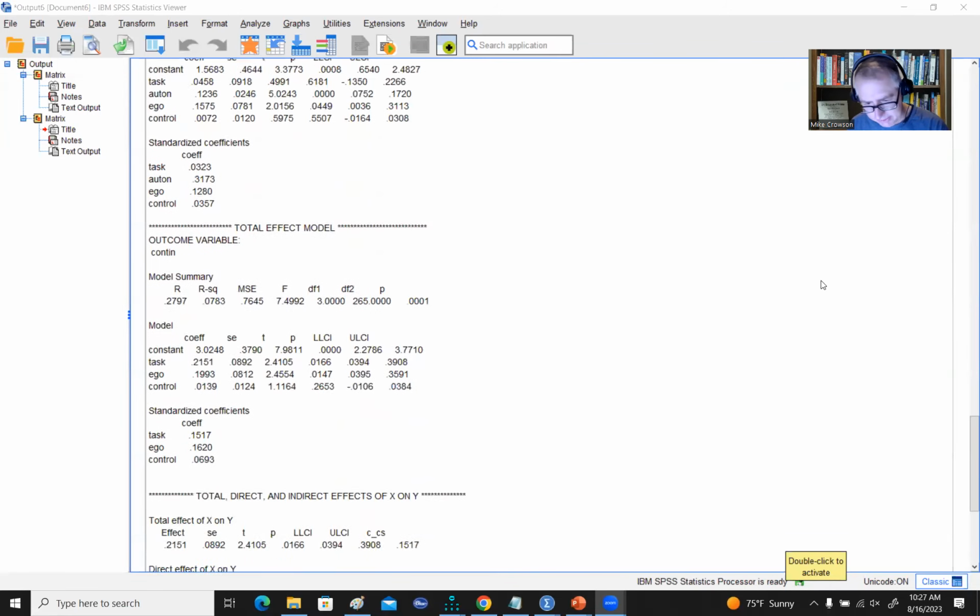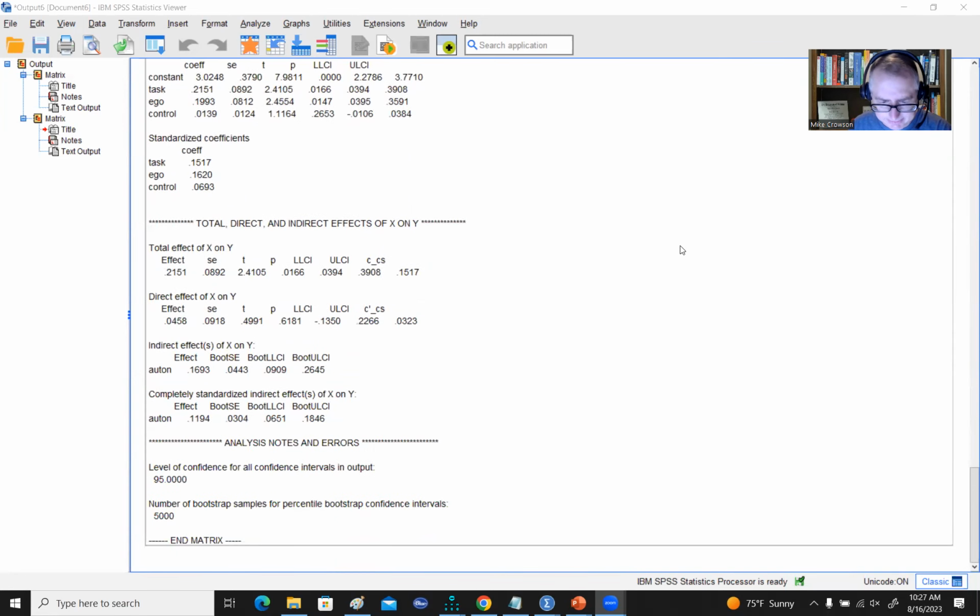So now we'll scroll down and we'll look at the indirect effect of task orientation on intention to continue while controlling for those two covariates within our model. So there's the indirect effect right there, the unstandardized indirect effect. And there's our bootstrap confidence interval ranging from 0.0909 to 0.2645. 0 does not fall between the lower and the upper bound of that confidence interval, so we would conclude that the indirect effect is statistically significant, as basically non-zero.